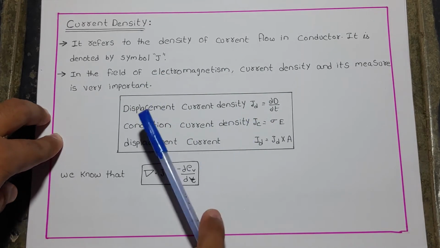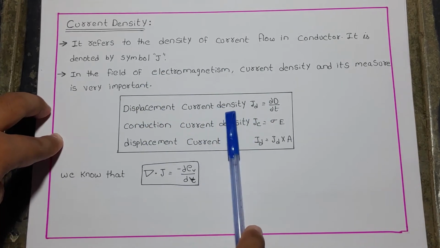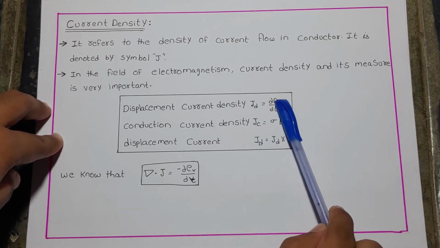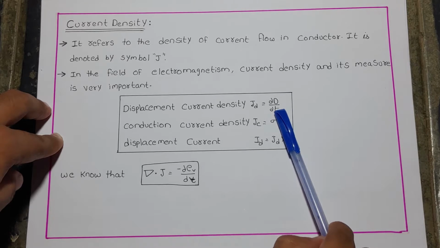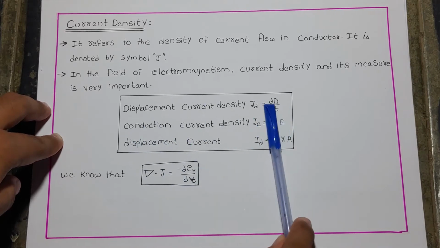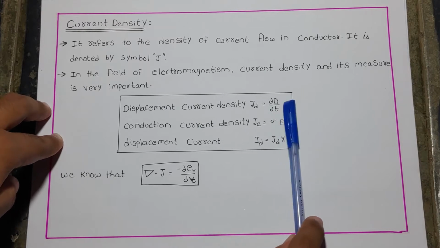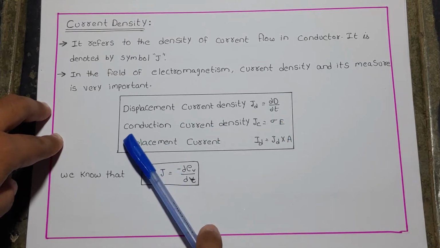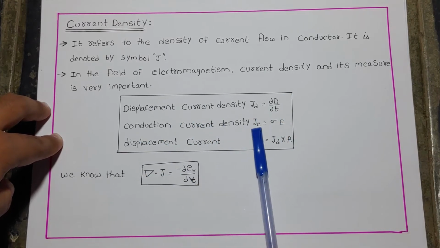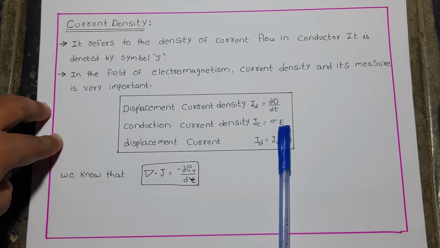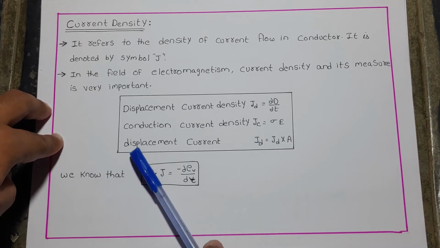Frequently asked terms are displacement current density, which is represented by JD is equal to dou D by dou t, that is differentiation with respect to t of electric flux density. Conduction current density, which is represented by JC, which is conductivity multiplied by electric field intensity.